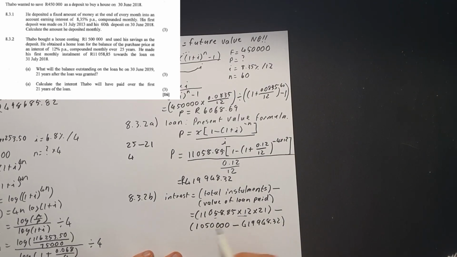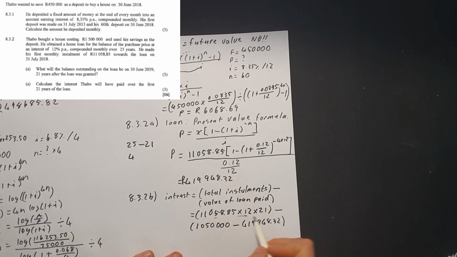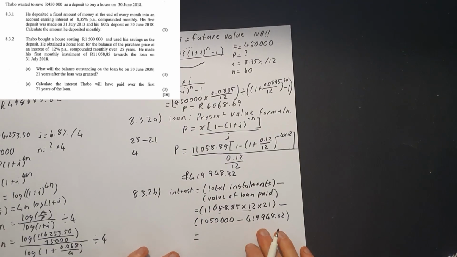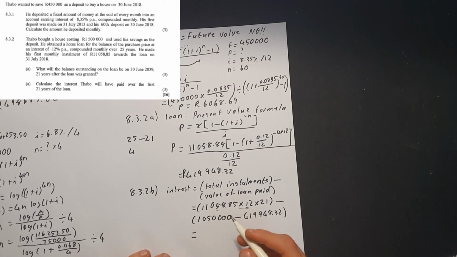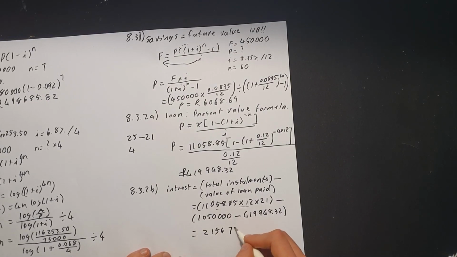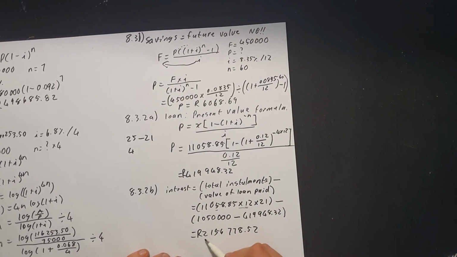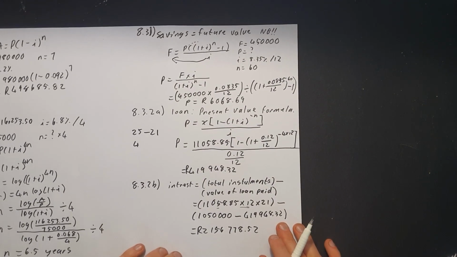So by minusing this off of my total, I'll have how much was paid off, and if I take the total installments I've been paying minus that, it will give me my interest. If you plug that into your calculator, you are going to get a total of 215,678.52 Rand, and that is the amount of interest that will be paid in 21 years. So you can see you're paying quite a lot of interest on this loan. And that's how we go about doing question 8.